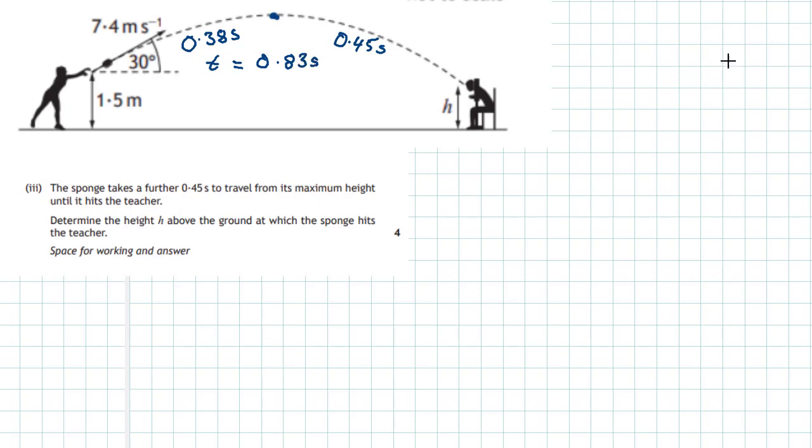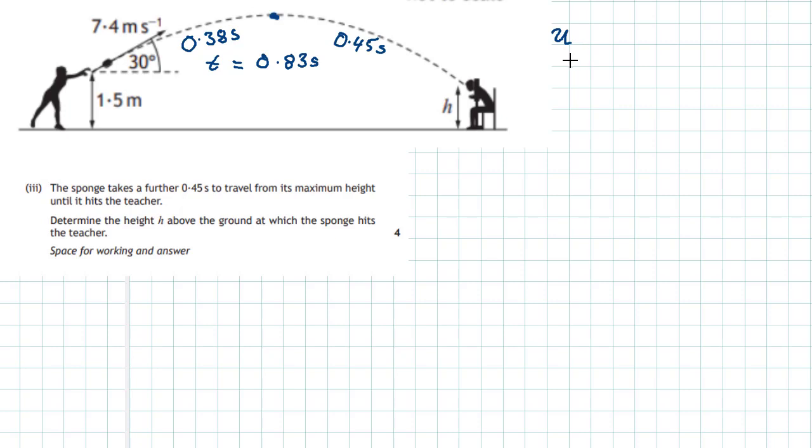So we know the time it takes for the sponge from its launch until it hits the teacher is 0.83 seconds. Now all we have to do is find the vertical displacement of the sponge at that particular time in its flight. To do that we must concentrate on the vertical data column in our template, and I'll mark that down to remind us.